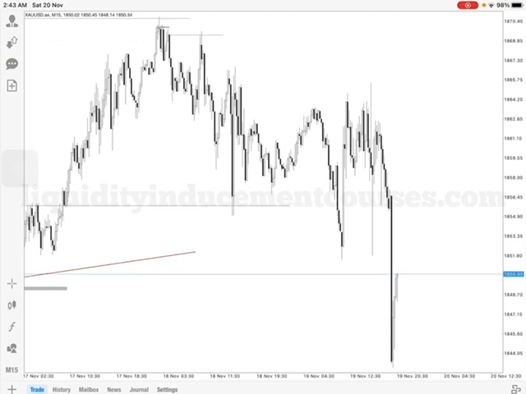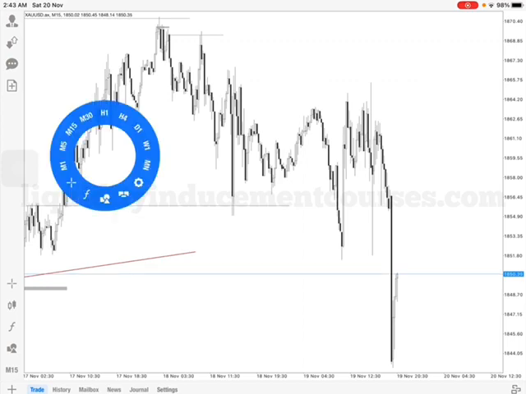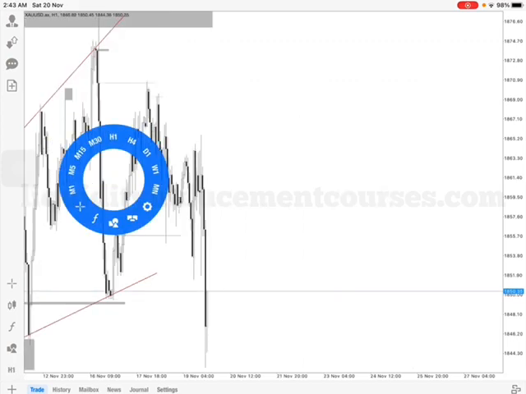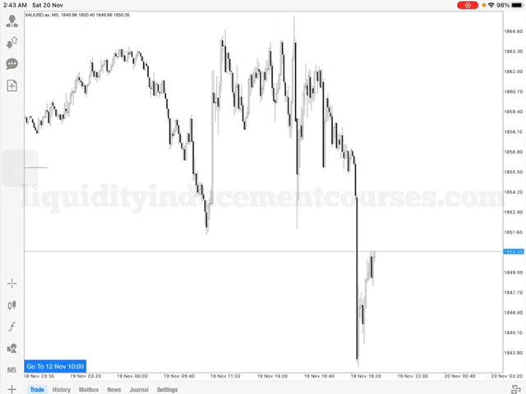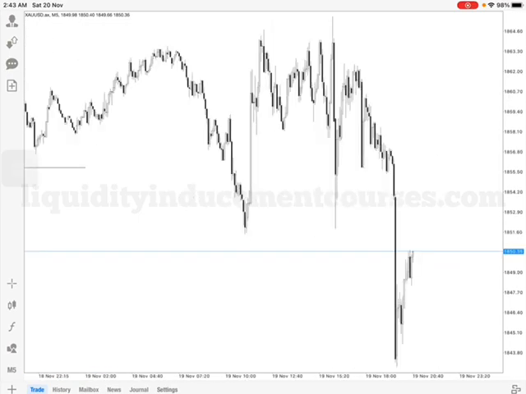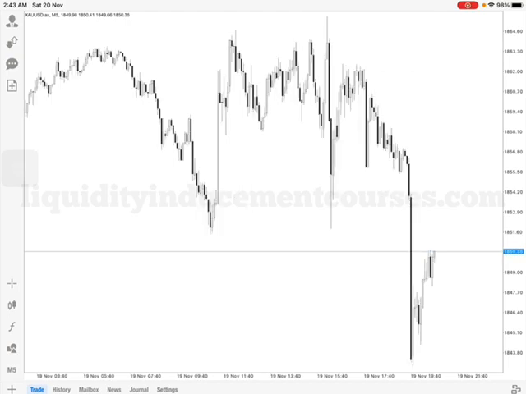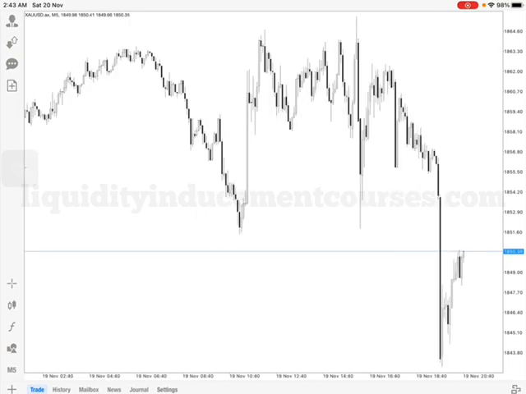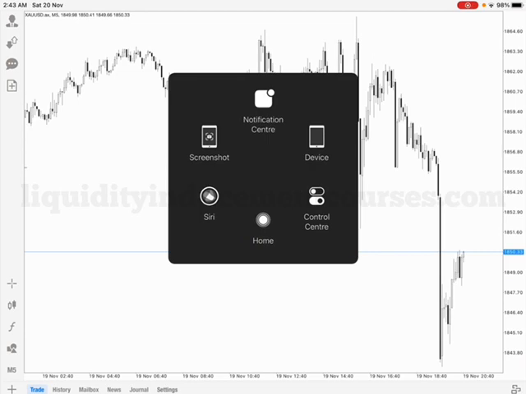So M15, H1. I just simply took this sell here, okay, because it broke the structure here.